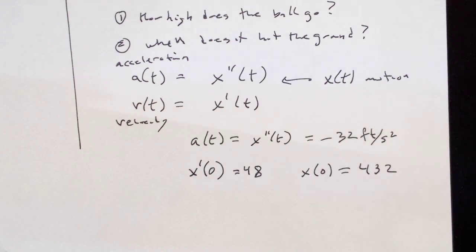How do I figure out when it hits the ground? When the height equals 0. When my x of t is 0 again. I could even ask the question, how fast is it going when it hits the ground, right?